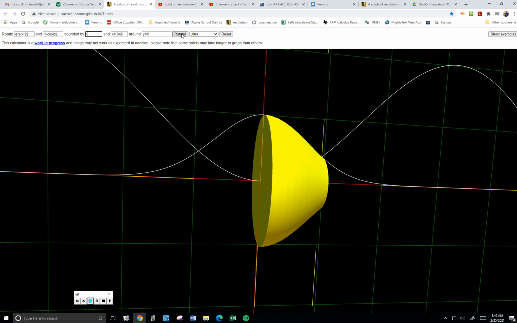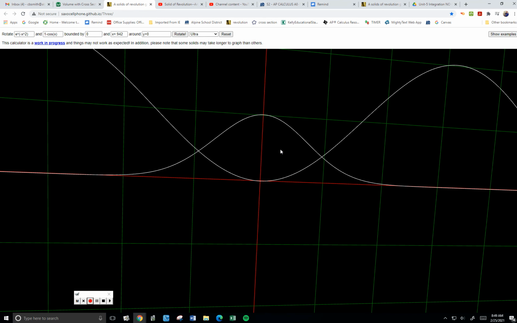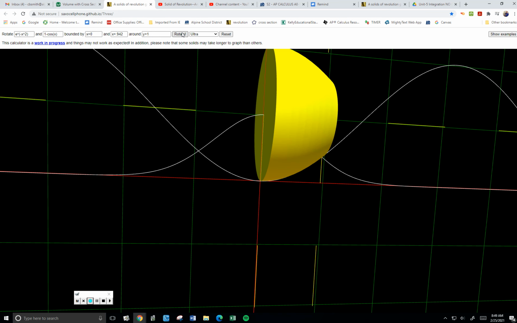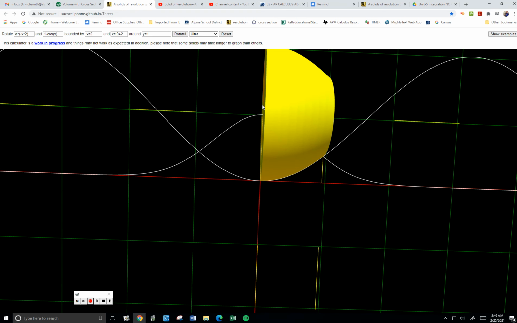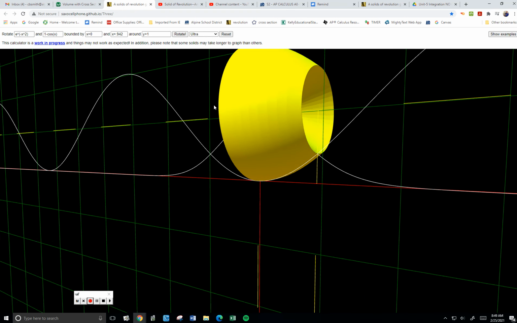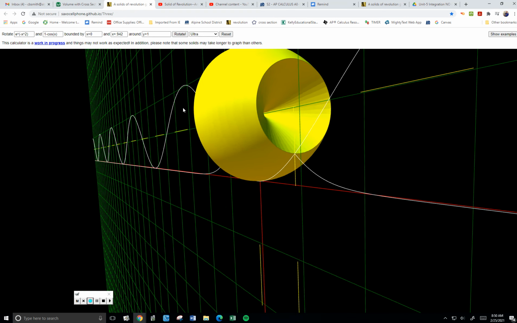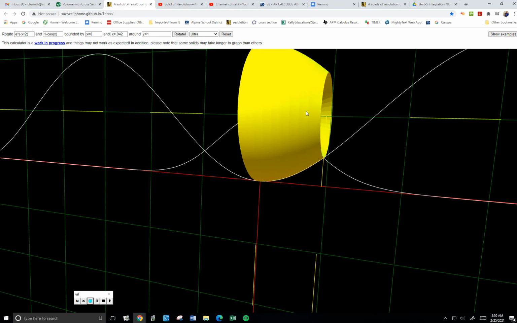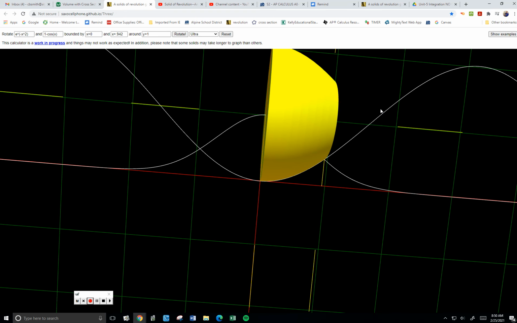Here's the region. Now I'm going to rotate it about a line that's up here above. There we go. Make a donut. It is a donut, but it's not like a perfect circle.